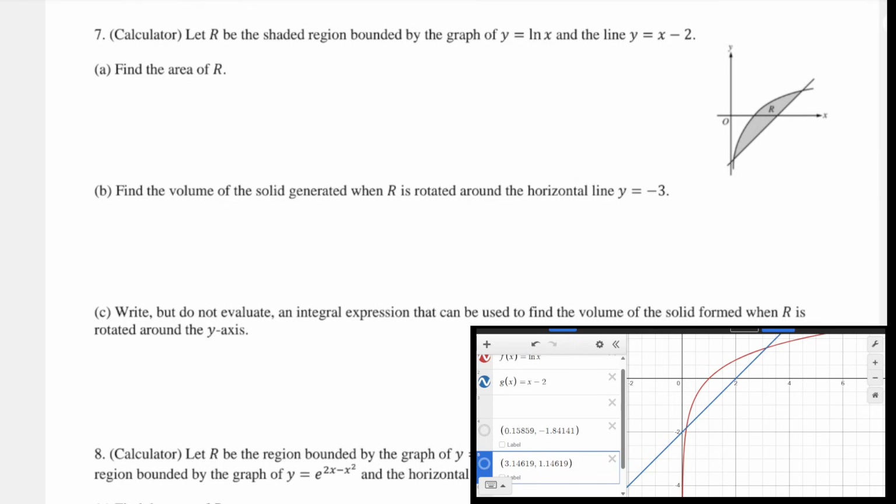When finding the area of R, I'm going to need to rotate R around a horizontal line. So log x equals x minus 2 at x1 equals 0.15859, and x2 equals 3.14619.